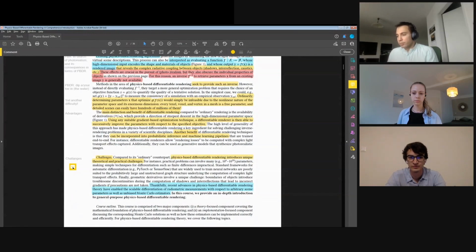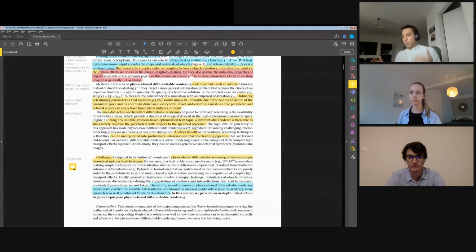This light transport leads to unstructured, large computation graphs, which makes it difficult to apply automatic differentiation techniques. And one of the biggest problems in differentiable rendering is the discontinuities.